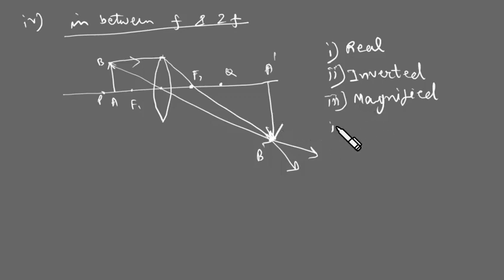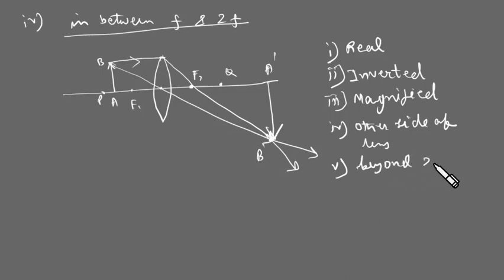And then fourth, it is again on the other side, or opposite side of the lens. And then the last property, fifth property, is what? Fifth is, it is beyond 2f.